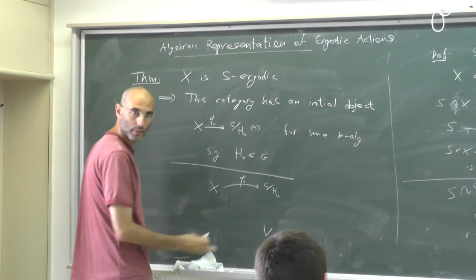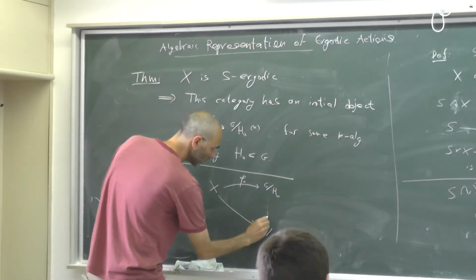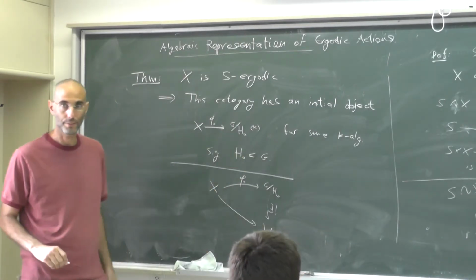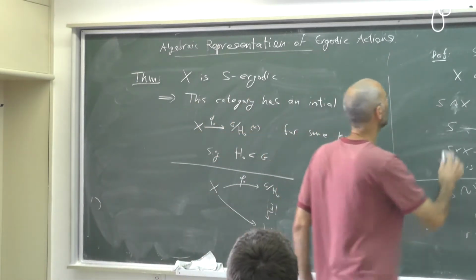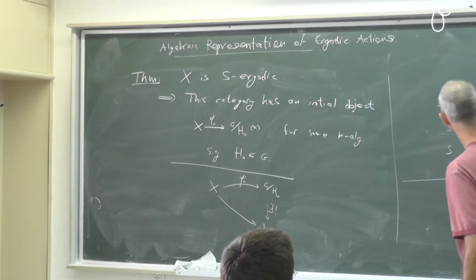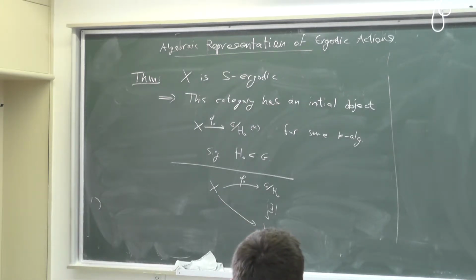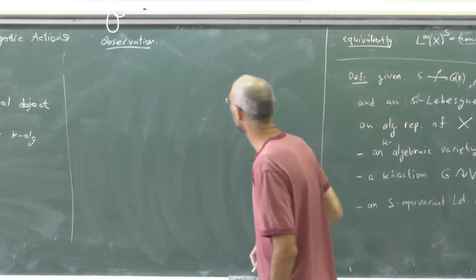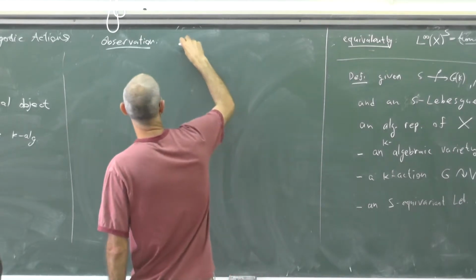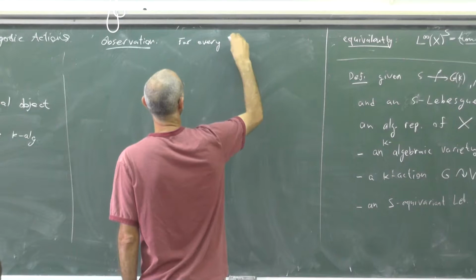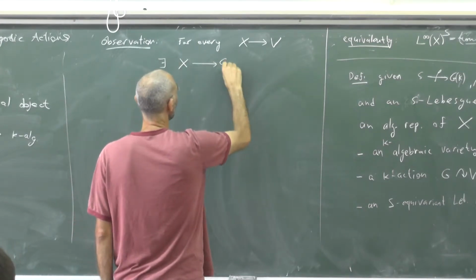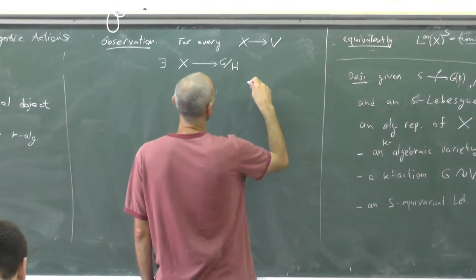And whenever you have another representation, there is a canonical, unique G map between this closed space and this V. For every representation X to V, there exists some X to G mod H, maybe not the canonical H yet.